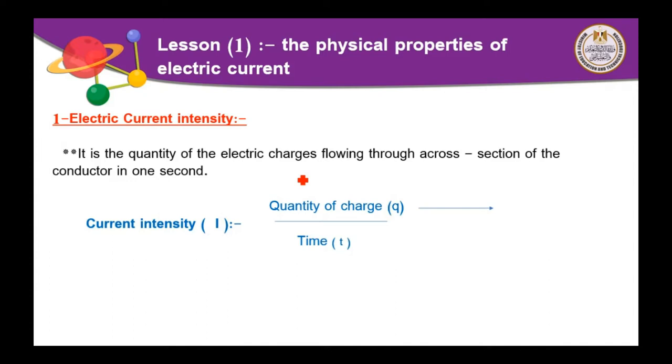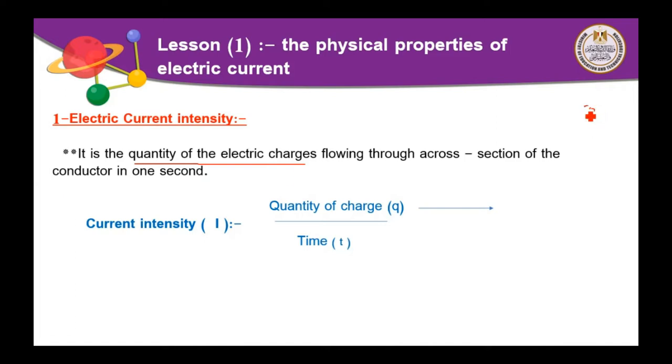We make a similarity between light intensity and electric current intensity. Electric current intensity means the quantity of electric charges flowing through a cross-section of the conductor in 1 second. Pay attention with me.